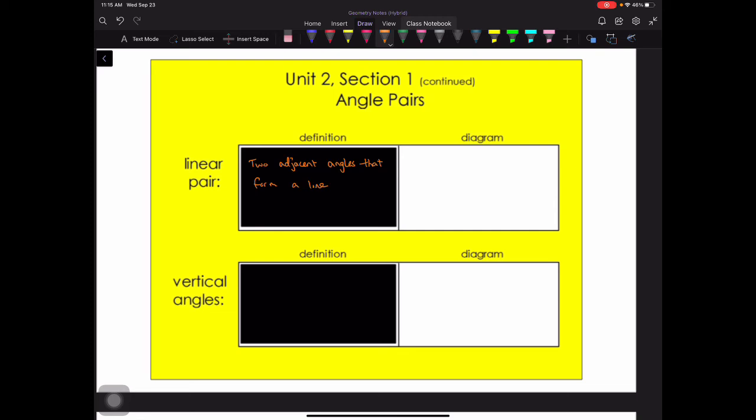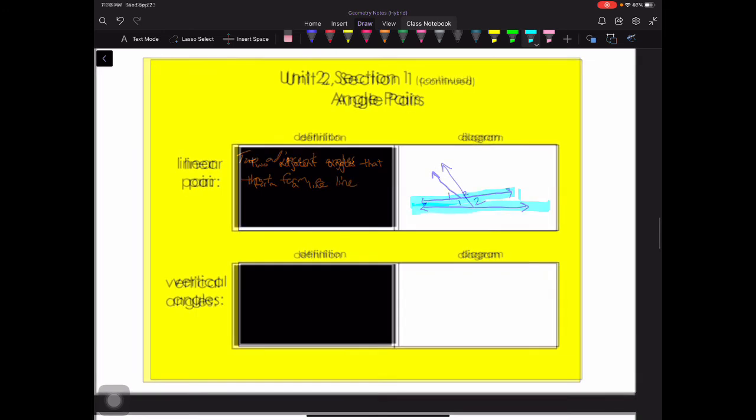So a diagram would be, we'll call that one angle 1, and angle 2 out here. Hopefully you can see. I tried my best to show you that they form this straight line.